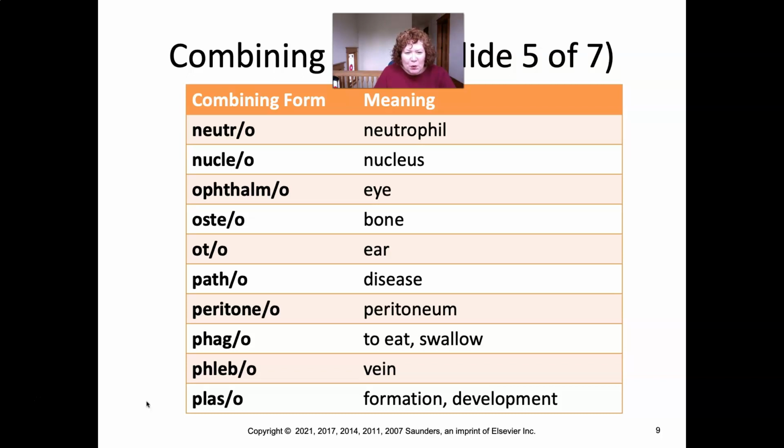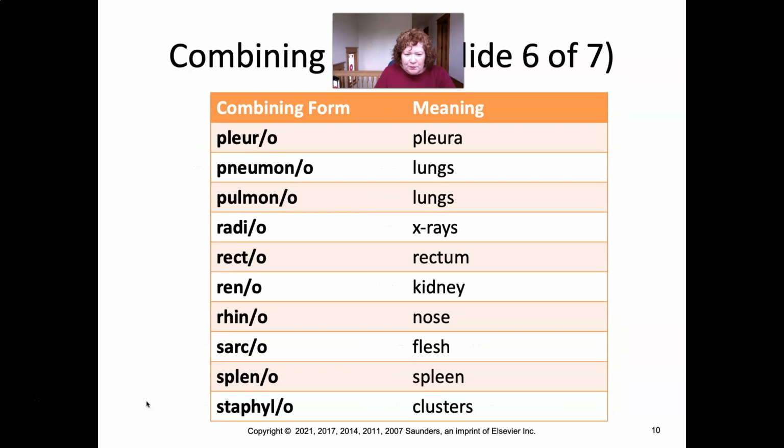Osteo, oto, patho, peritoneo, phago, phlebo, plasmo. Pleuro, pneumono, pulmono. Now notice we have two for lungs right next to each other, and they're different, pneumo versus pulmo, but they both mean lungs, so watch out for that.